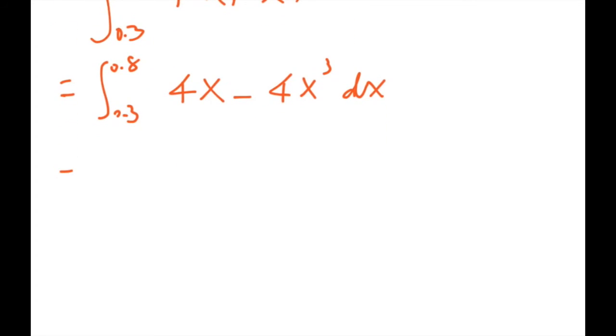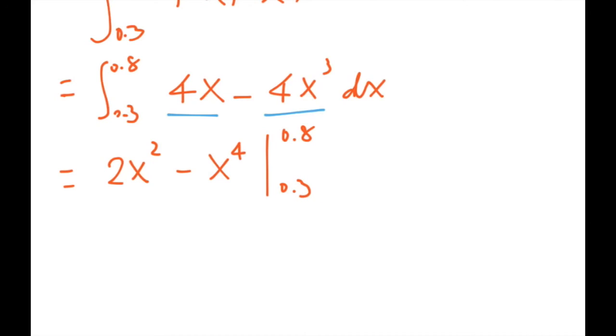And if we integrate the first part, we will have 2 times x squared minus, if we integrate the second part, we will have x to the fourth. And our bounds in this part will be from 0.3 to 0.8. And then if we plug in the numbers and use your calculator, we will find the probability is equal to 0.6985.